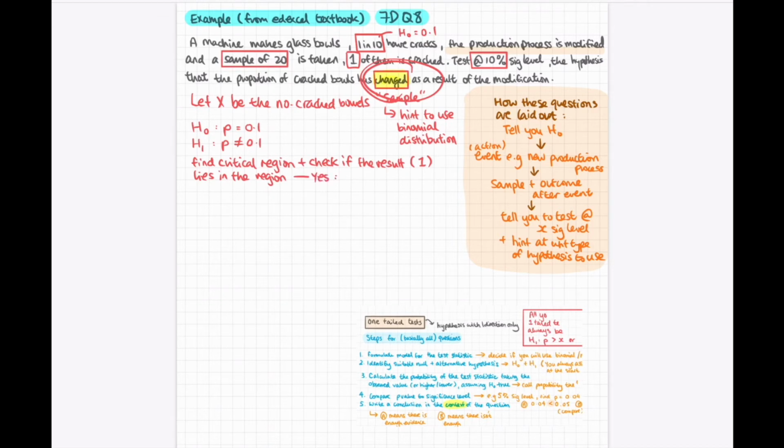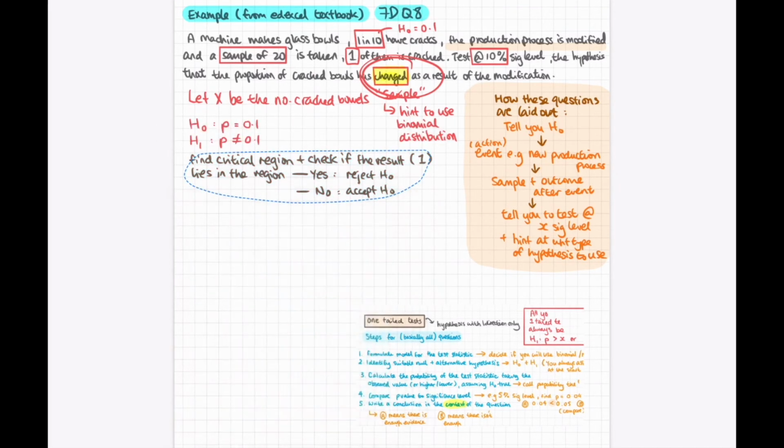Yes means we can reject H0. No means we accept H0. And this should be in a different colour, and it should be smaller.